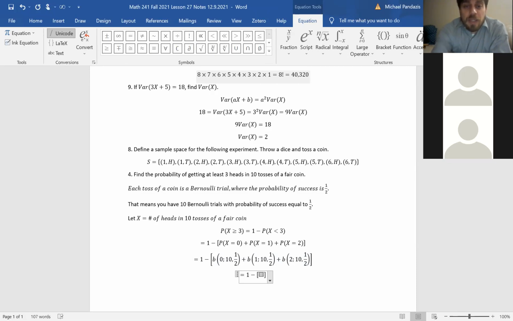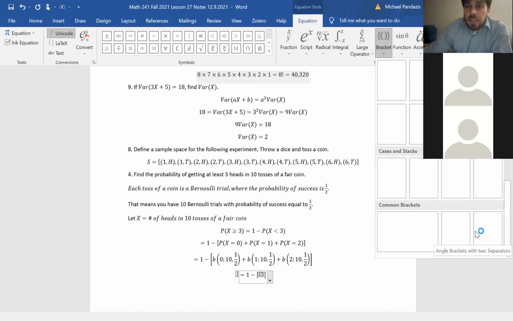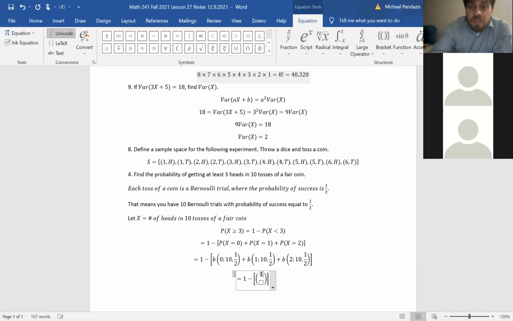So here you have 10 choose 0 times 1/2 raised to the number of successes, which is 0, times 1/2, which is the probability of a failure, raised to the number of failures, which is 10. So that's when you have 0 successes.